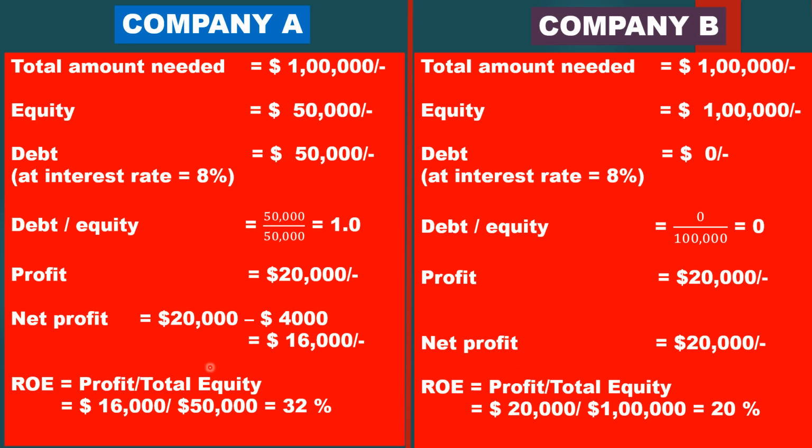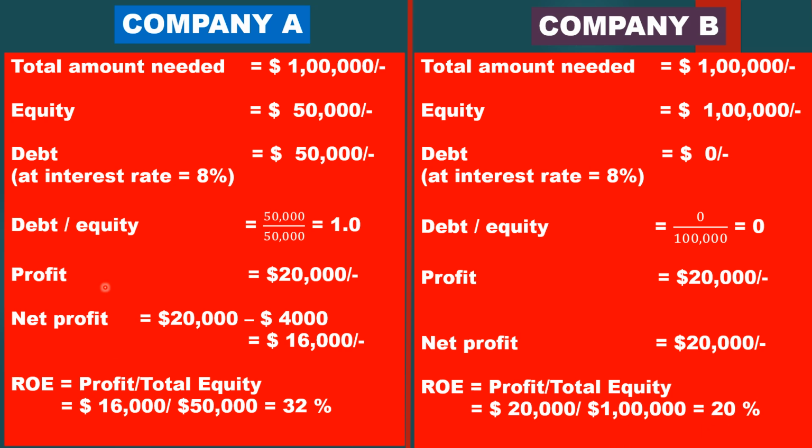Okay, now let us calculate ROE. This is the profitability of the company. ROE equals profit divided by total equity shares. So 16,000 divided by equity 50,000. This comes 32%. It gives return of 32%. Whereas this company, you see, company B, profit 20,000 divided by 1 lakh rupees, 20% only.